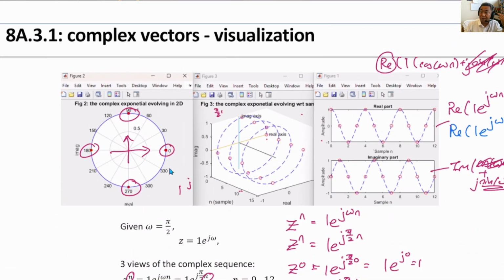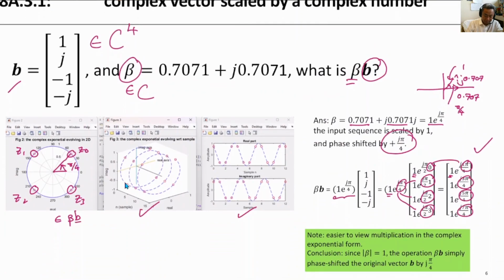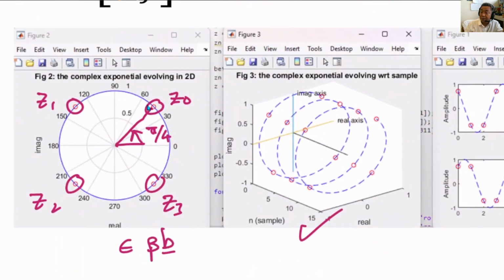These 4 numbers sitting on these 4 places are going to be rotated anti-clockwise. So now the 4 numbers are here, and in the scalar multiplication, because the modulus is 1, the magnitude didn't change, but the angle has allowed every one of these points to be increased by pi over 4.